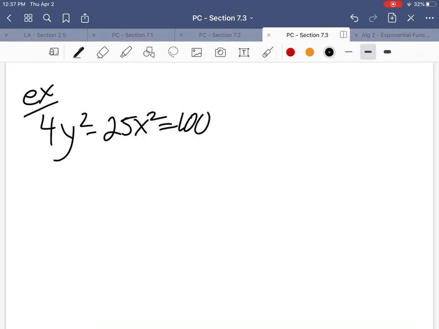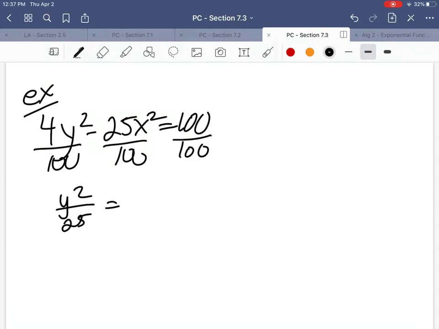So the question is going to be like multiple choice, like what is this? And so what you want to do is try to get the right side equal to 1, so I would divide everything by 100. So I get y squared over 25 minus x squared over 4 equals 1. Sorry about that. Well, that's an equation of a hyperbola.